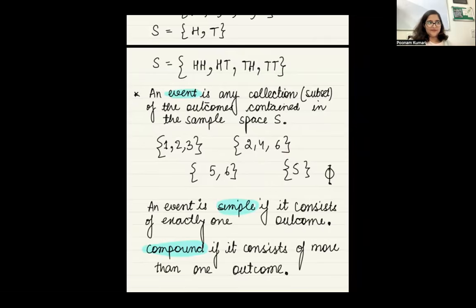This is sure. Okay. So event is basically a subset of sample space. It can be an event, right? Is null set a subset of any set? Ma'am, we say that the chance of getting 7 on throwing a die is 0, right? But yes, it's an event.